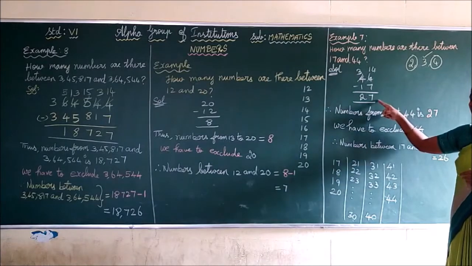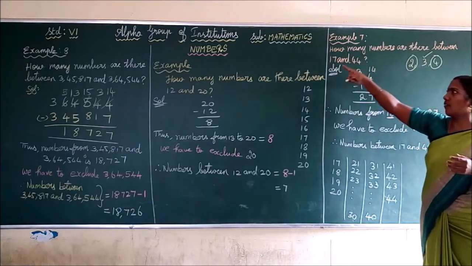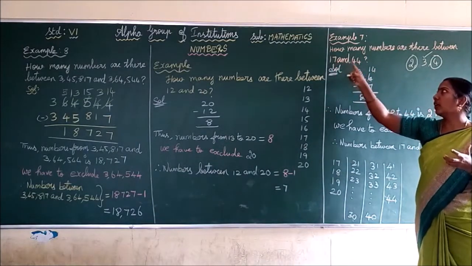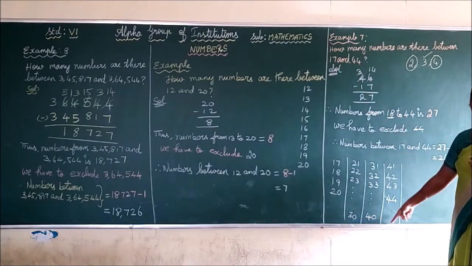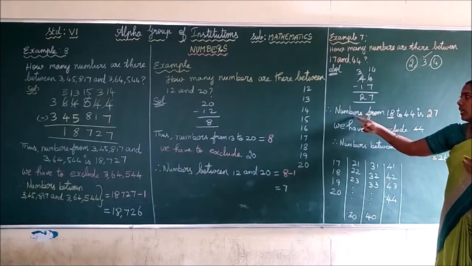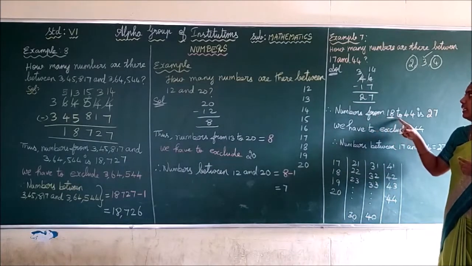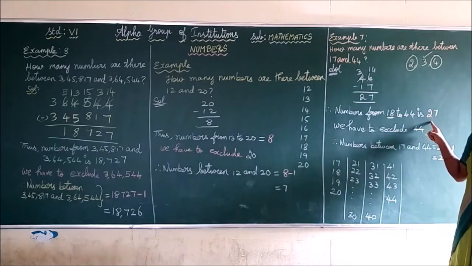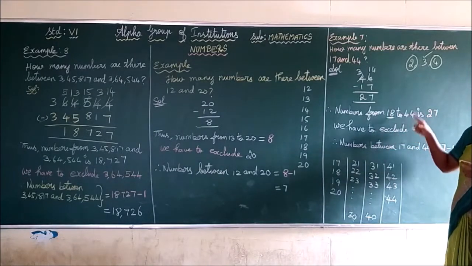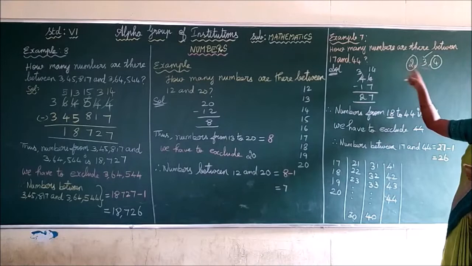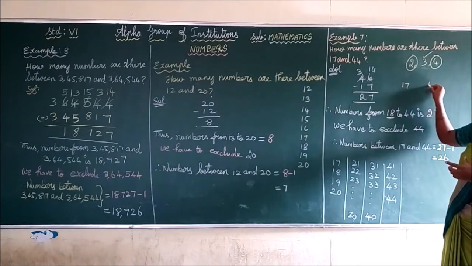By this subtraction, we are excluding the number 17, but we are including the number 44. Numbers from 18 to 44 is 27. Here we have to exclude the number 44 because we have to find the numbers between 17 and 44.